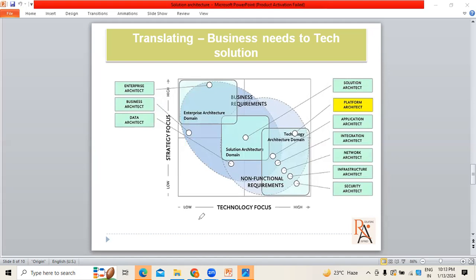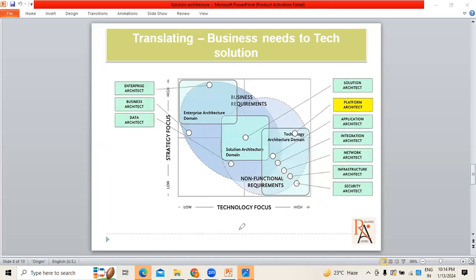You are not the one who is going to do the code review; application architects will take care of it. But when it comes to the focus of a solution architect, we have to be focused on the strategy perspective. At the same time, we have to be focused on the technology perspective.